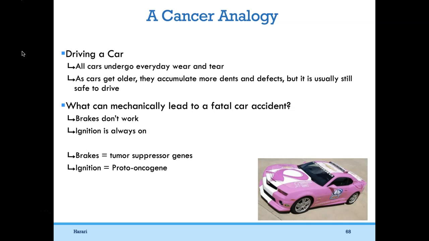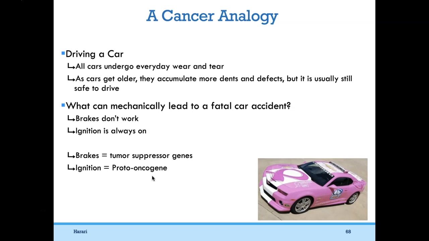So your normal cells undergo everyday wear and tear, right? We sit out in the sun, we might be exposed to some chemicals. So every day our genes are being mutated. But most of the genes that are being mutated aren't involved in cell division, right? It's only when the brakes, which are tumor suppressor genes, or the ignition, which are proto-oncogenes, are mutated, that the car will be killing you, right?